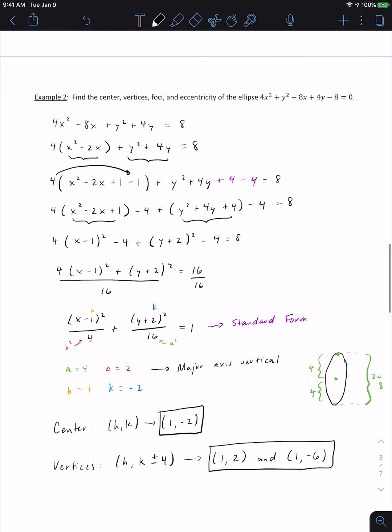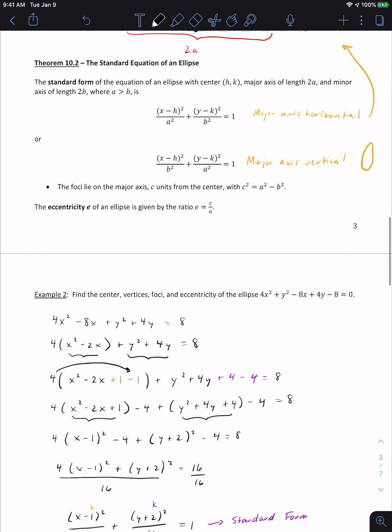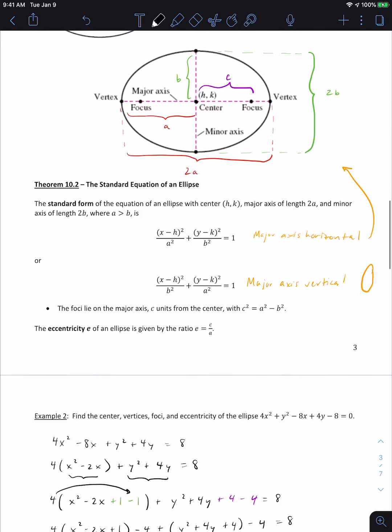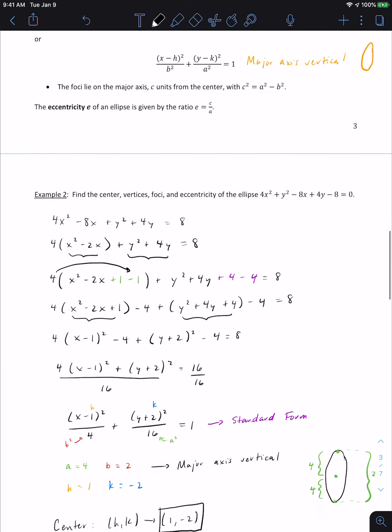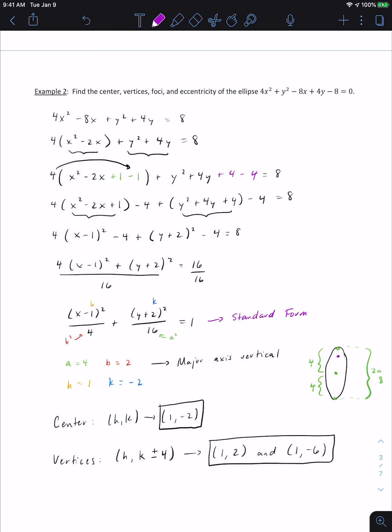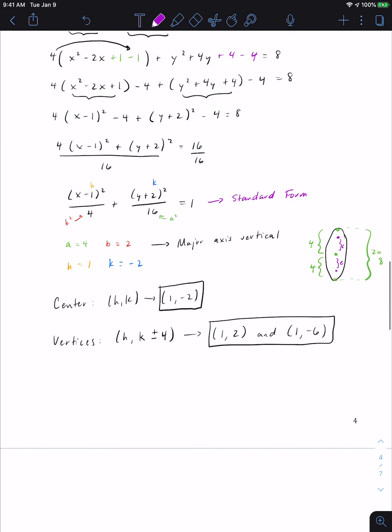So now I want to find the foci. How do I find the foci? Well, remember when we drew this picture, the foci are c units from the center, right? So if my foci are right here, this distance is c units from the center. So first I need to find c. Remember, c squared is equal to a squared minus b squared.